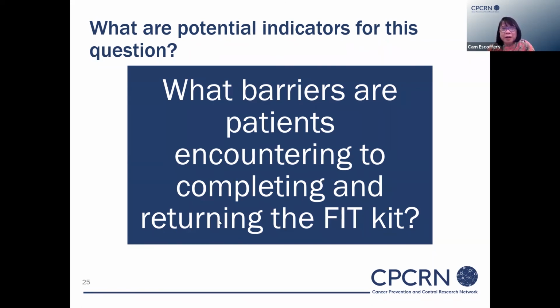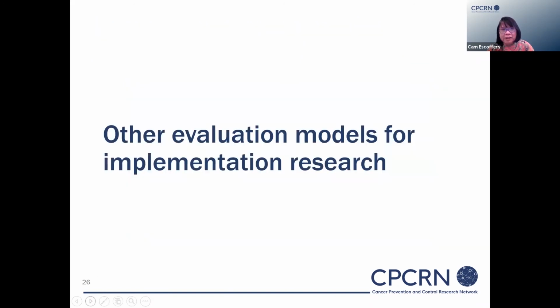Those are all examples of answers that you will get to this. But an indicator might be the barriers given by patients through a phone call, for example, where you're collecting that information from them. So all great examples of things that we might hear as potential barriers.